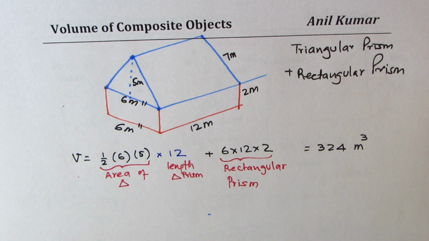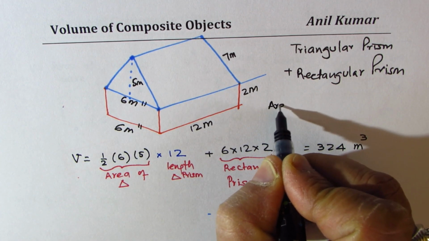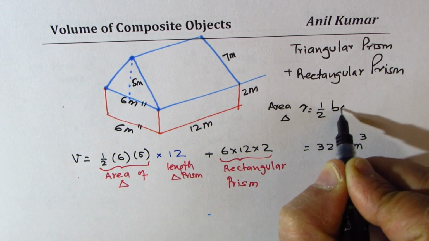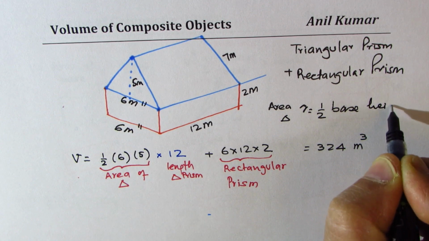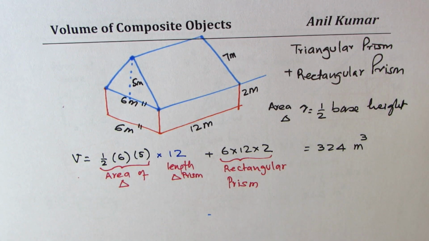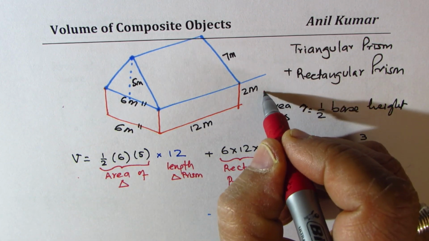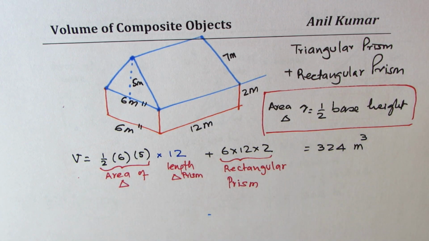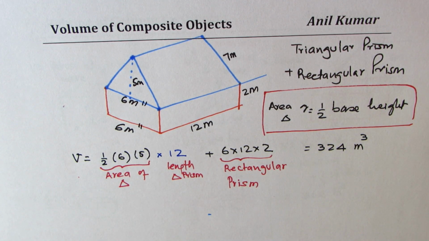The area of a triangle is half of base times height. Now that is critical to remember. Sometimes you might make a mistake of taking the wrong dimension into consideration. So just take care of that. I hope with that we can wind up, and your concepts of volume should be fair enough to try some questions from your book.